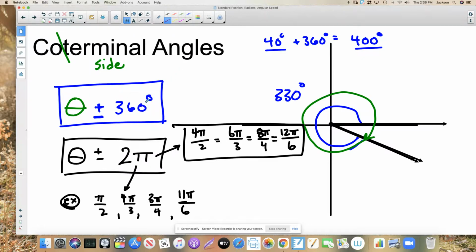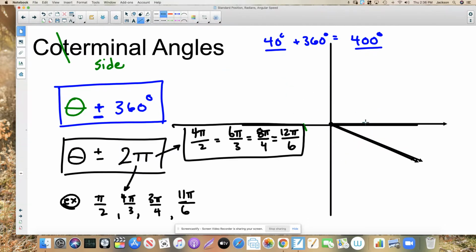We don't just add 360. We can add a bunch of 360s, right? What do I mean? If I have this angle, okay, let me clean this up just for a second. Okay, if I have this angle, this 330-degree angle, which we've seen how many times now, but if we have this 330-degree angle and I go once, twice, 3 times, and then I stop, I've added 360 three times and ended in that position.